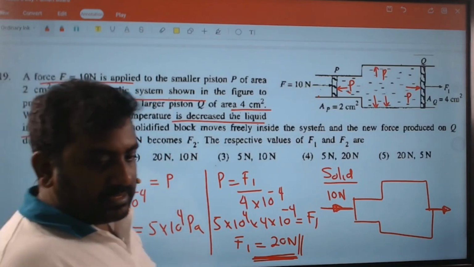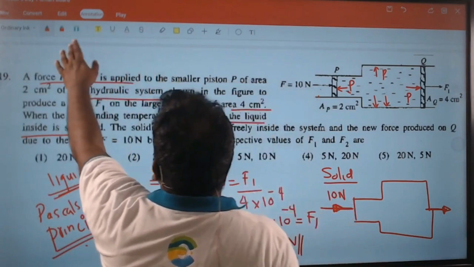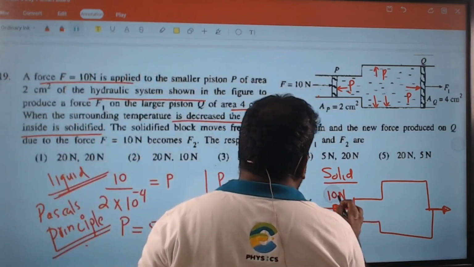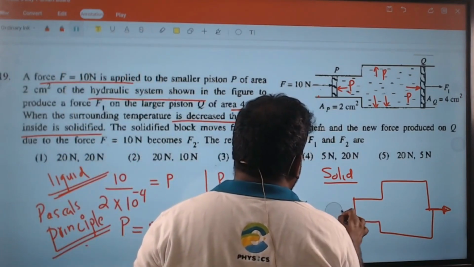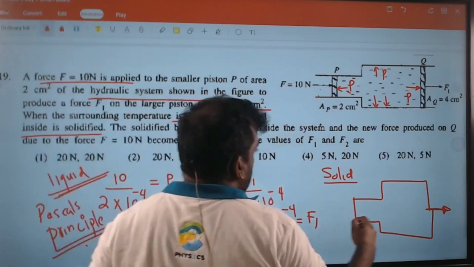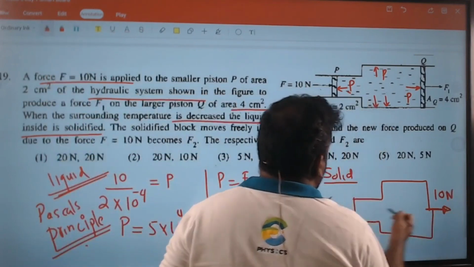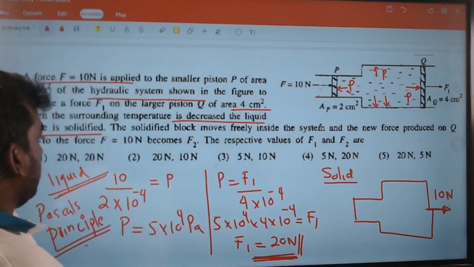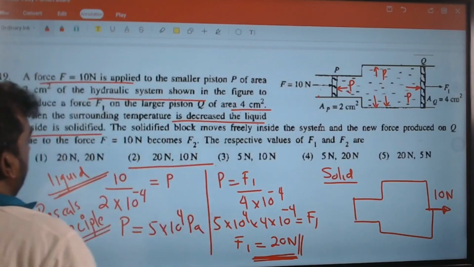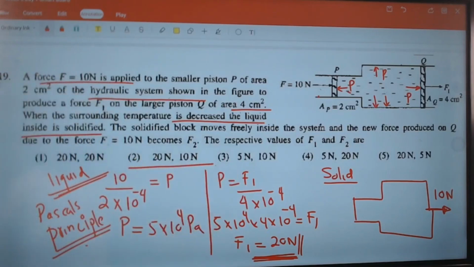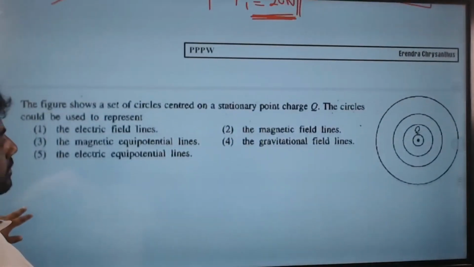So no change. Here 10 Newton means, even here you have 10 Newton. Anywhere 10 Newton. So 20 Newton, 10 Newton. Correct answer, answer number 2. Right.